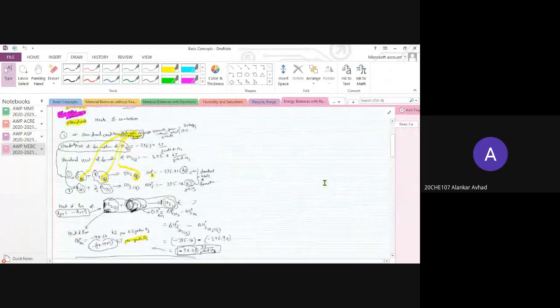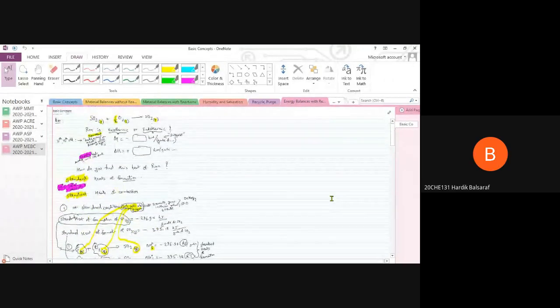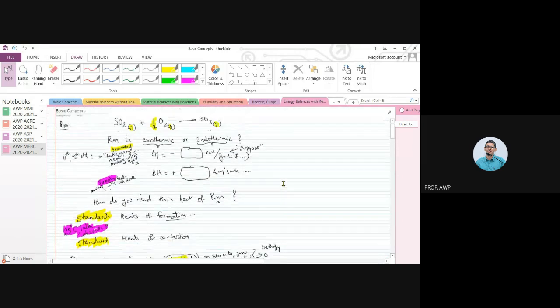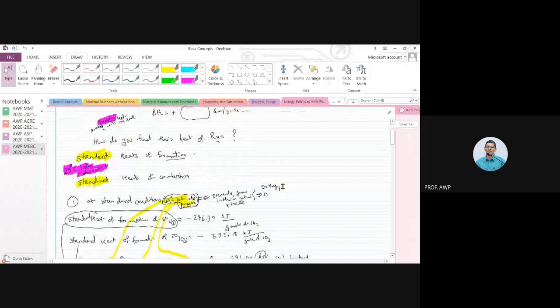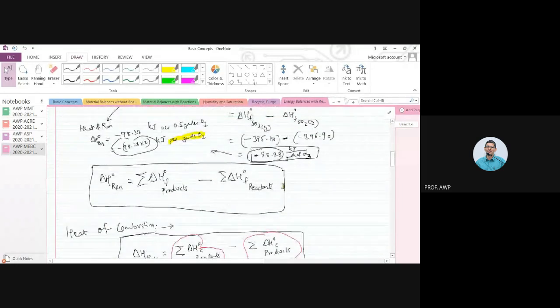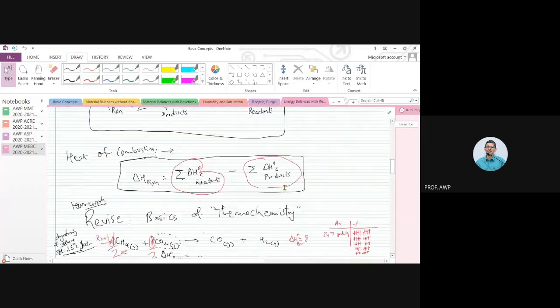Yes, we are talking about enthalpy balances with reactions. We are talking about heats of reaction. Some of the things that we have seen are heats of reaction, standard heats of formation, standard heats of combustion. I hope you have revised all that. How to find heat of reaction from standard heats of formation, how to find heat of reaction from standard heats of combustion.